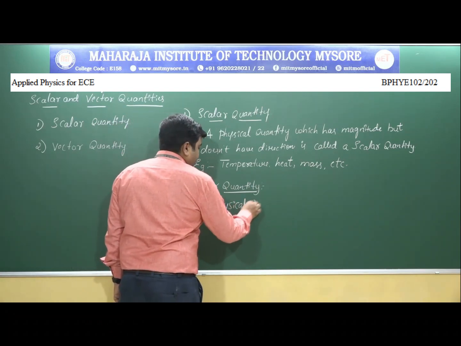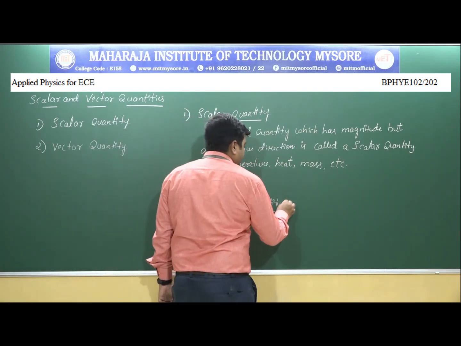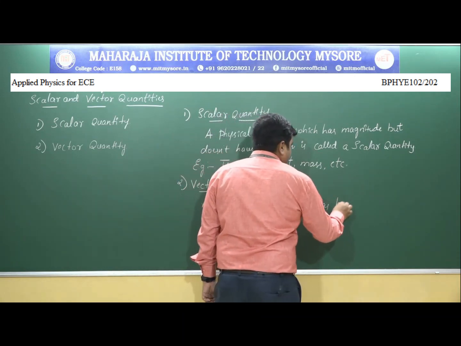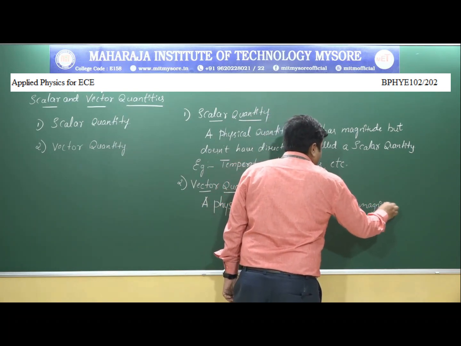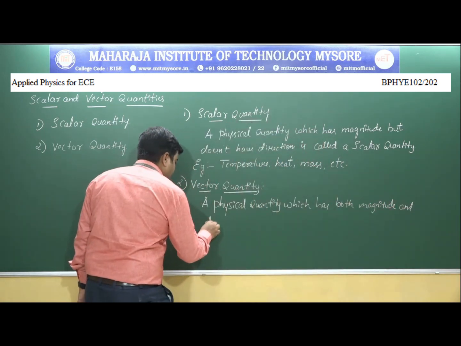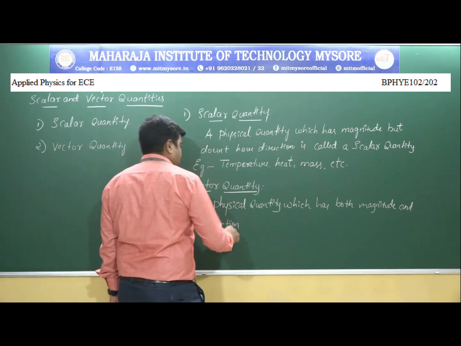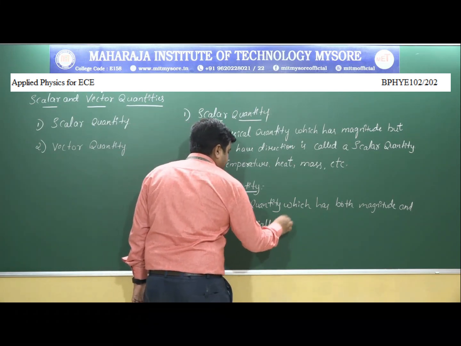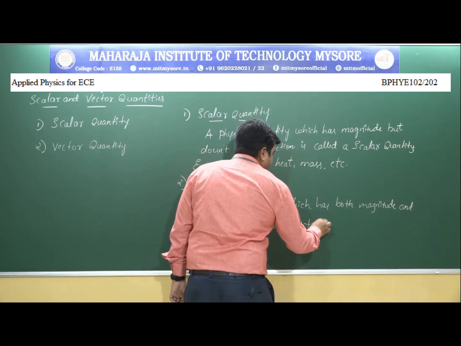A physical quantity which has both magnitude and direction is called a vector quantity.